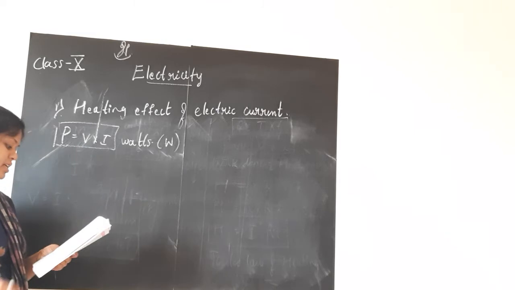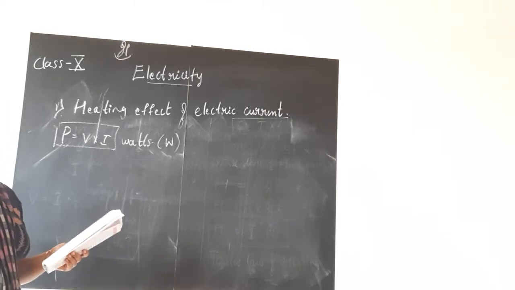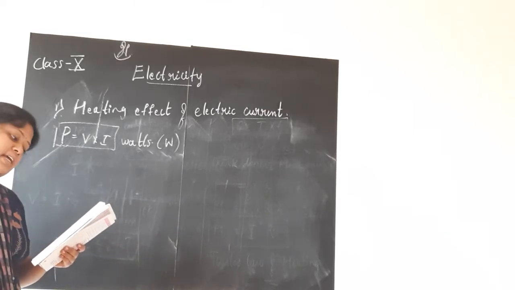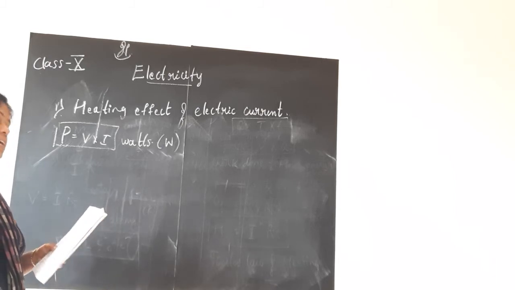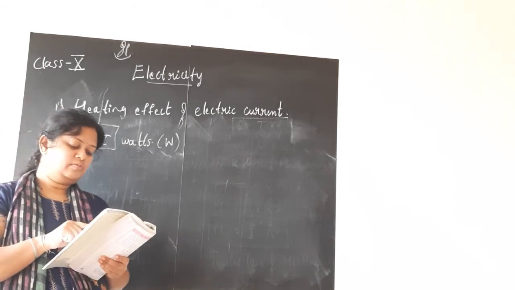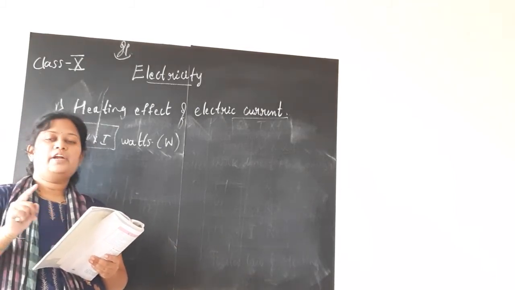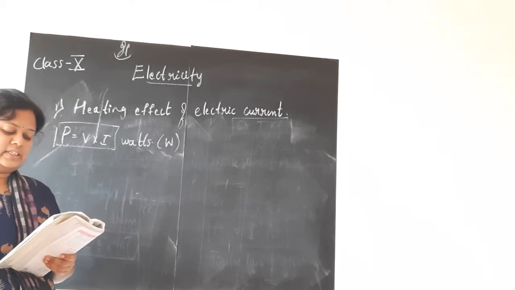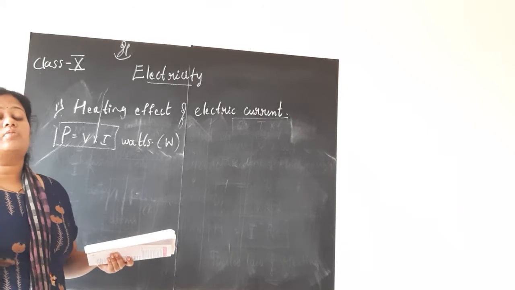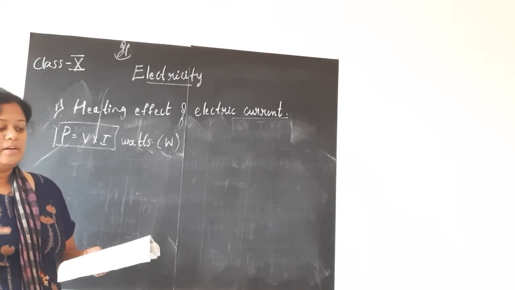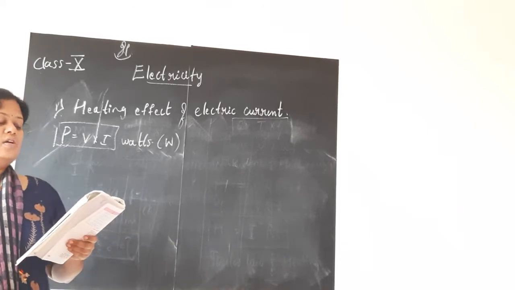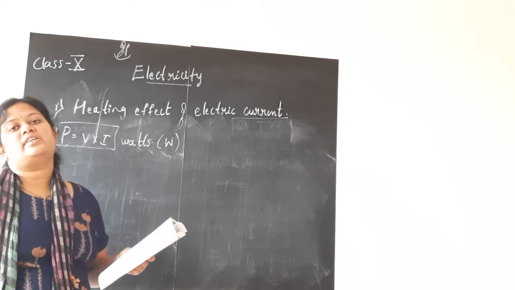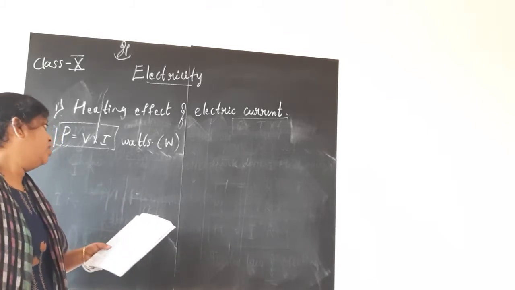So an iron box is there. When heating is at the maximum rate, it consumes power of 840 watts, whereas when heating is at the minimum rate, it consumes power of 360 watts. And what is the source? The voltage supplied to the iron box is 220 volts. So we need to find the current as well as the resistance in each case.